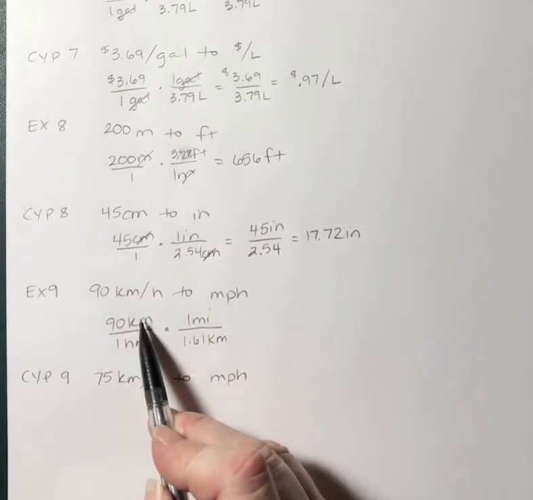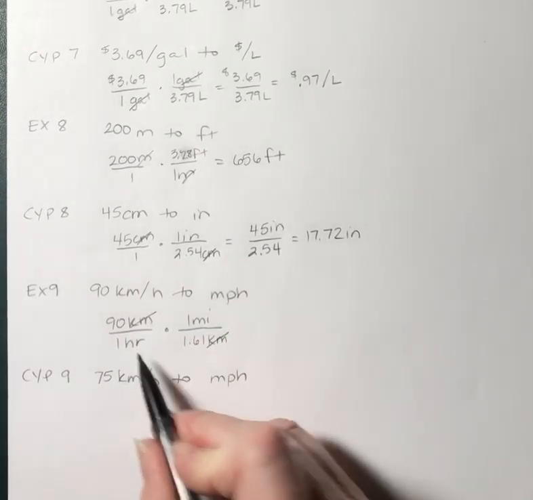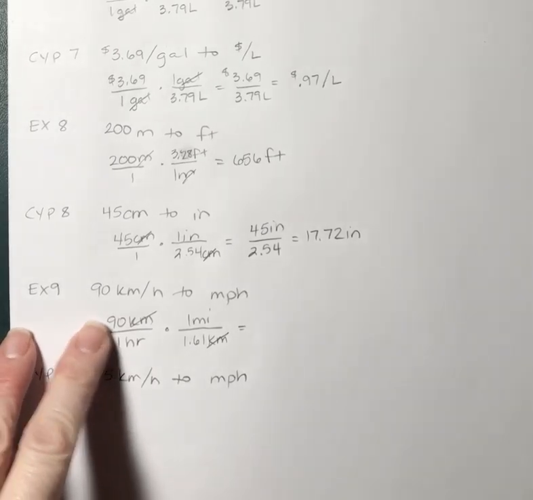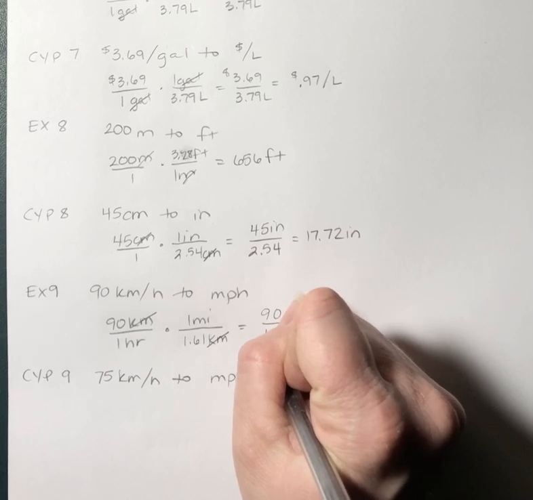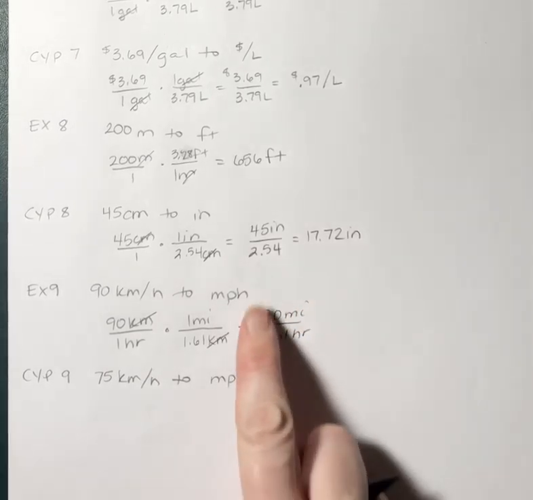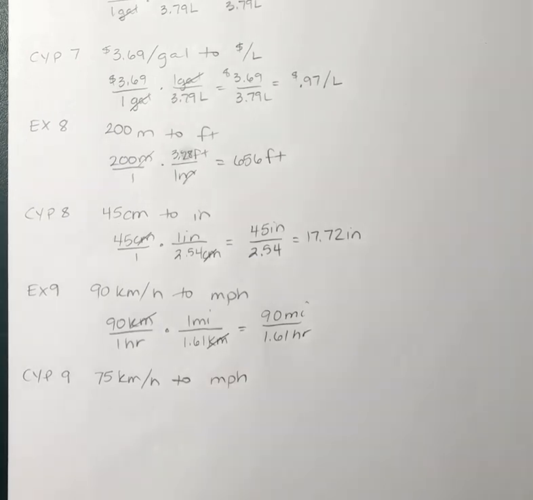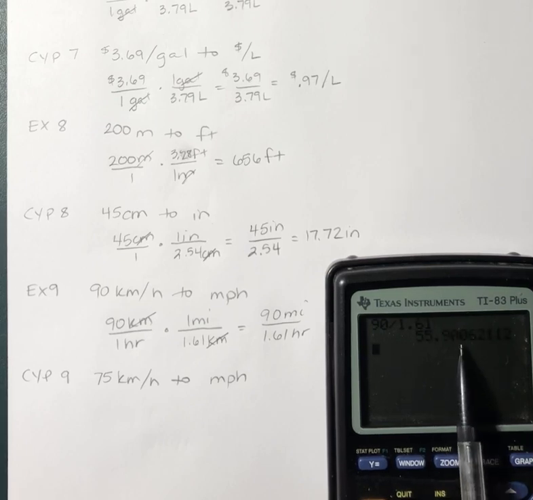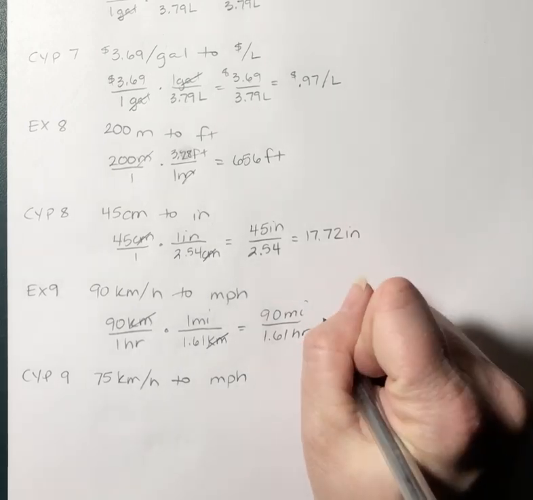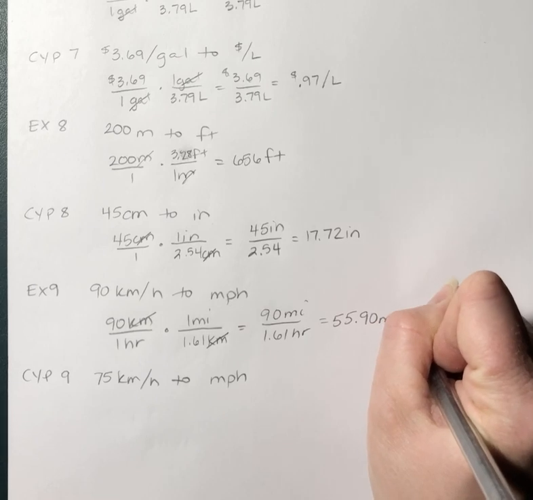Again, kilometers are on top here, so I want them on bottom in my conversion factor. And I now have miles per hour. I multiply across, so I have 90 miles over 1.61 hours. I'm going to divide, and they again tell us to round to the nearest hundredth. So 90 divided by 1.61, and I get 55.90 miles per hour.